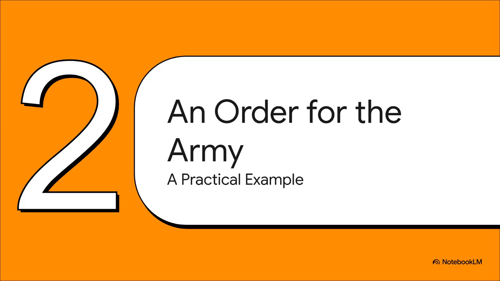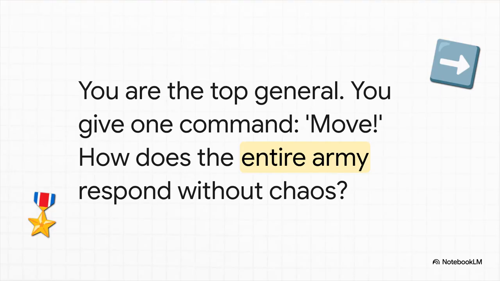Let's pretend we're actually building the software to manage this whole operation. Picture this. You're the top general. You're looking out over your entire military force, individual soldiers, squads, whole divisions, and you give one simple command: move. So what happens? You're not going to run around telling every single soldier what to do. No way. That's completely unmanageable.